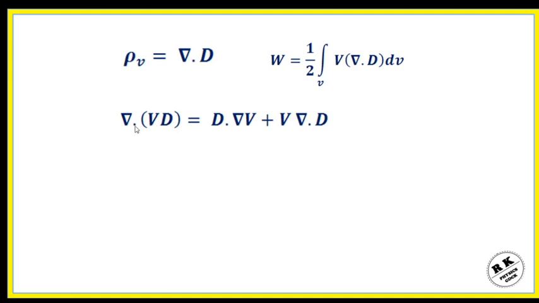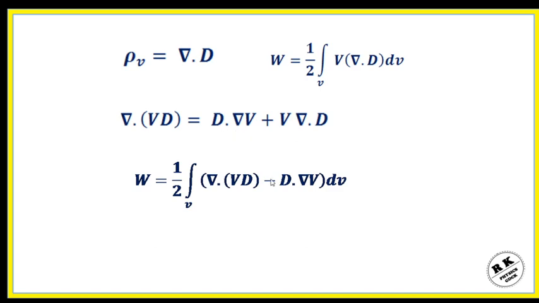So if we write this in that fashion, it becomes D dot del V, which is the gradient of potential, and V del dot D. In the above equation we have the second term, V times del dot D. If we substitute for this term, instead of V times del dot D we have del dot VD minus D dot del V.